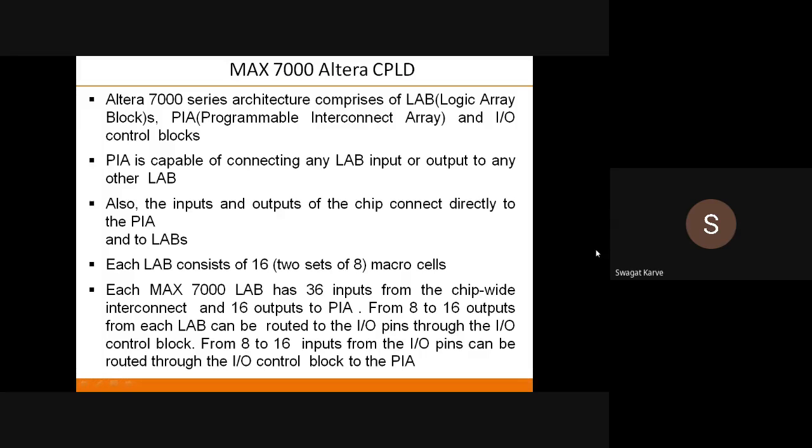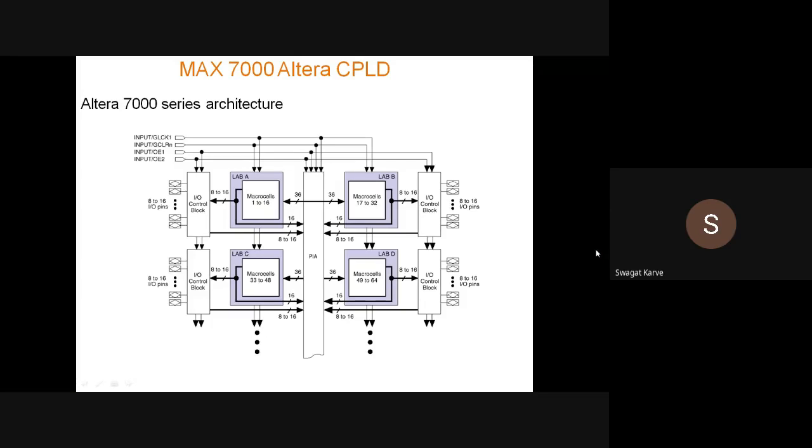This Altera MAX 7000 series comprises logic array blocks. LAB is nothing but logic array blocks. PIA is nothing but programmable interconnect array, and of course IO control blocks. You can see here, this LAB is logic array block, this PIA is programmable interconnect array, and you can see the IO control blocks.